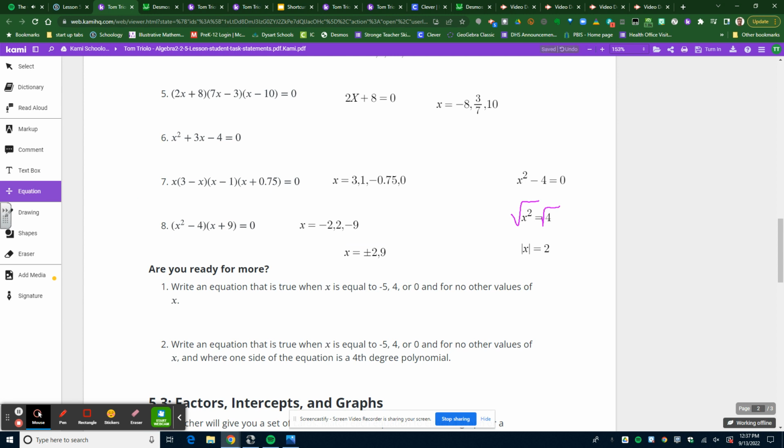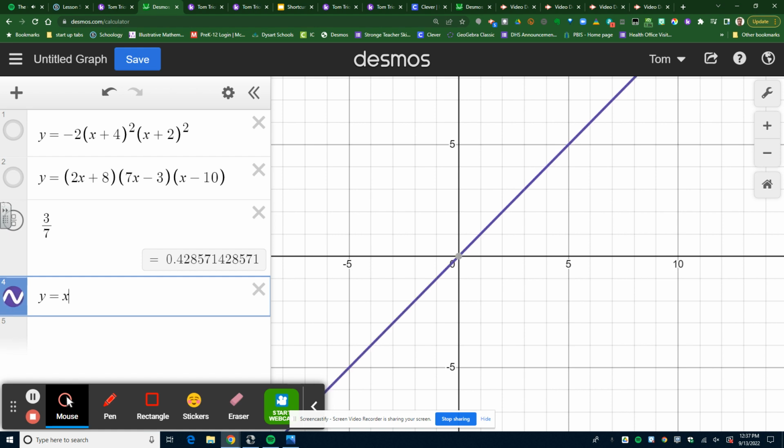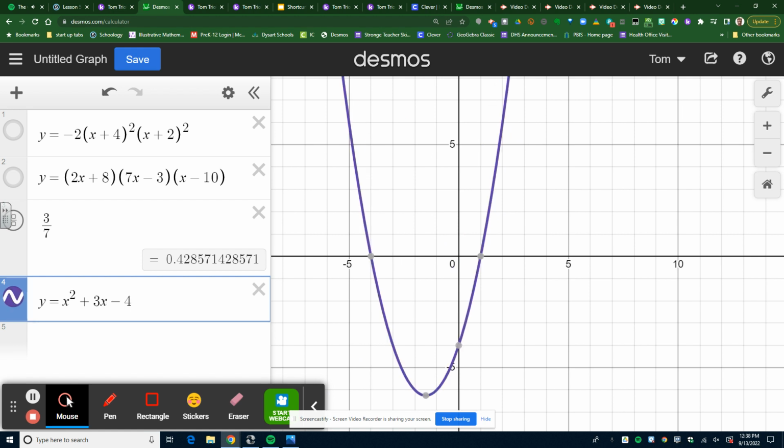So graph y equals, so don't put the equal 0, x squared plus 3x minus 4. Okay, so just graph it. Y equals x squared plus 3x minus 4. Turn off this one. And then I can clearly see I have 2 answers.